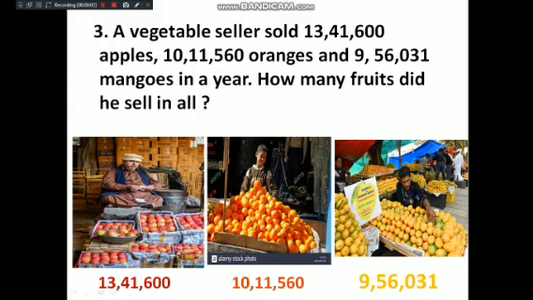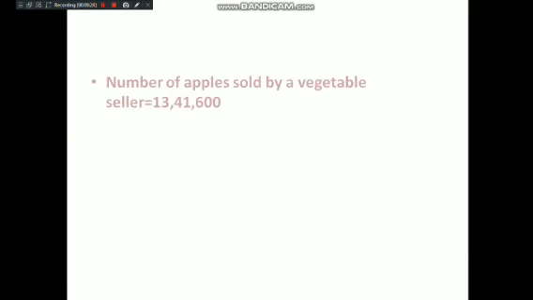Question number 3. A vegetable seller sold 13,41,600 apples, 10,11,560 oranges and 9,56,031 mangoes in a year. How many fruits did he sell in all? Here we have to write the statements.